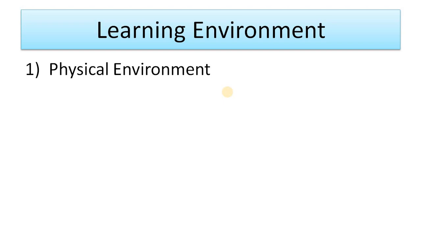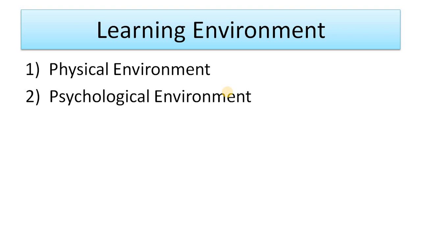Physical environment means all those environments that can be controllable by the teacher as well as the school authority. So physical environment should be based in an institute. Psychological environment means mental environment. The mental capacity of the student as well as the teacher should be tackled.